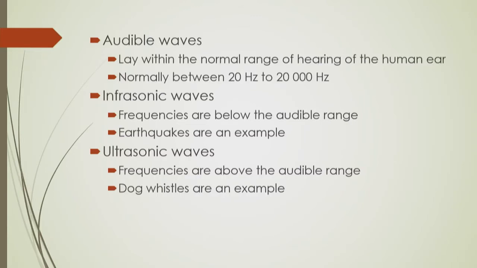That's our audible range. Now, it's not linear across the range, and there are biological differences as to which people are tuned into which frequencies. Females tend to be tuned into higher frequencies than males.